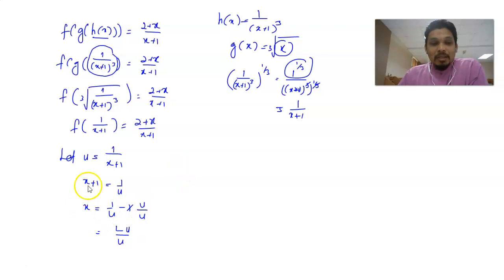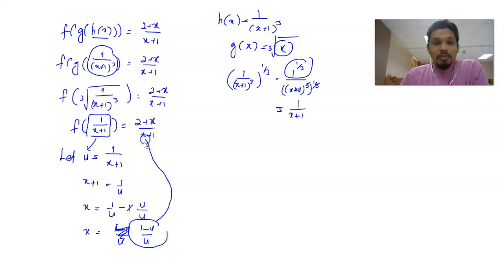So now this 1 over x plus 1 is u, and x is 1 minus u divided by u. We are going to substitute this here and also here.